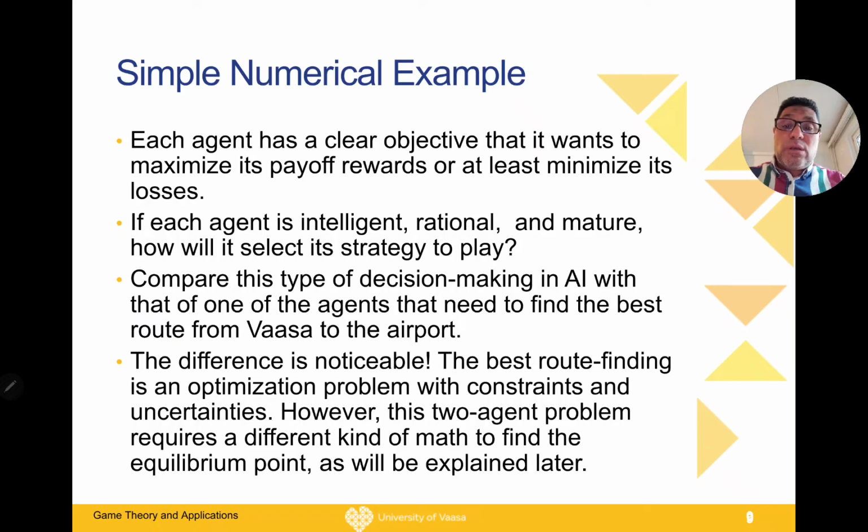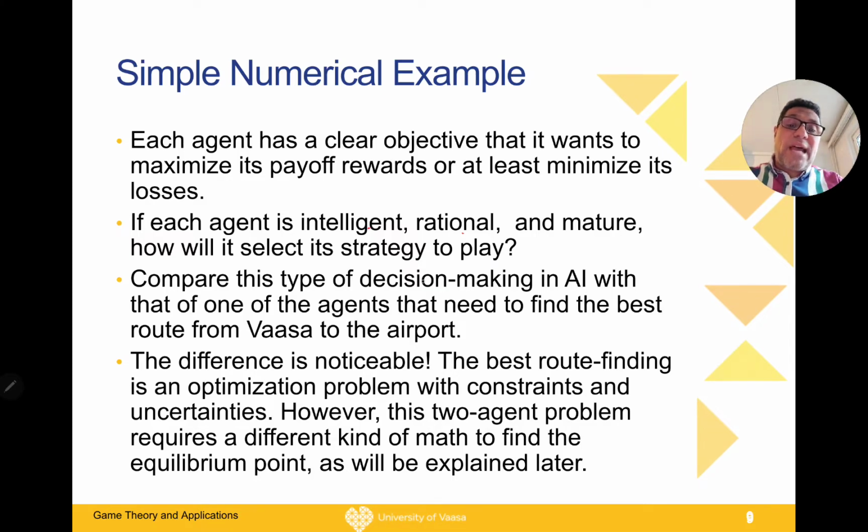So we saw that the selection of the strategy in this simple example, X or Y, needs the agent to be intelligent, rational, and mature, to select the best X and Y to play.